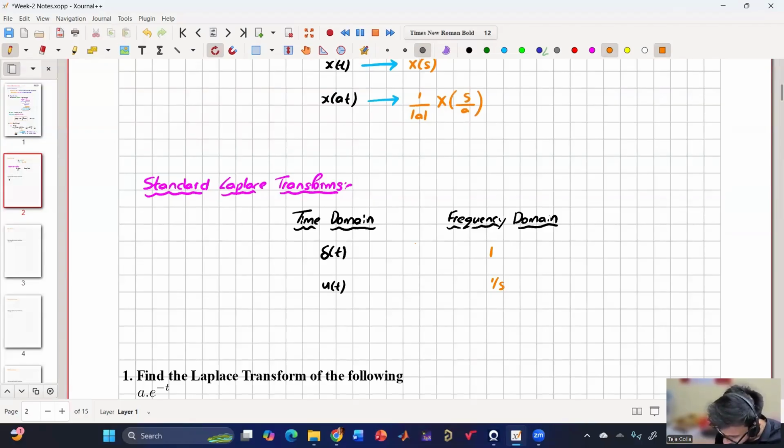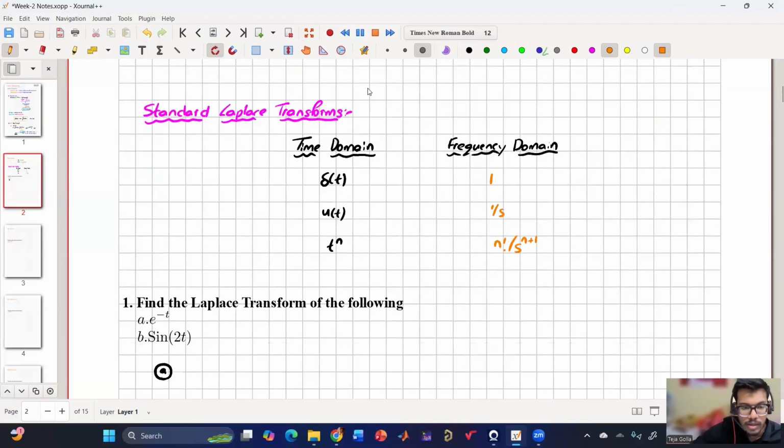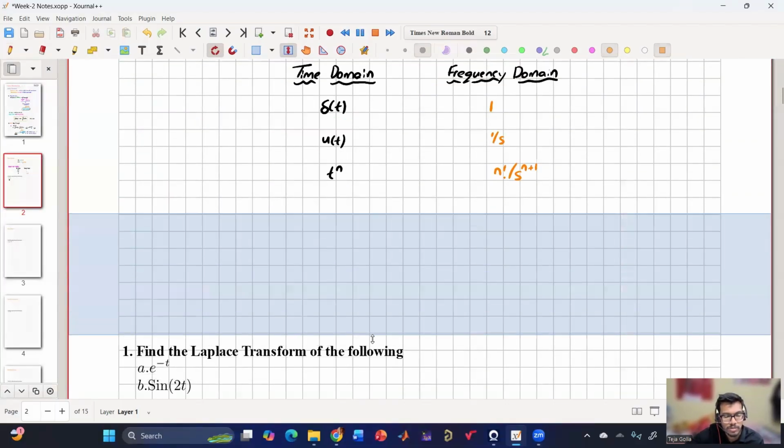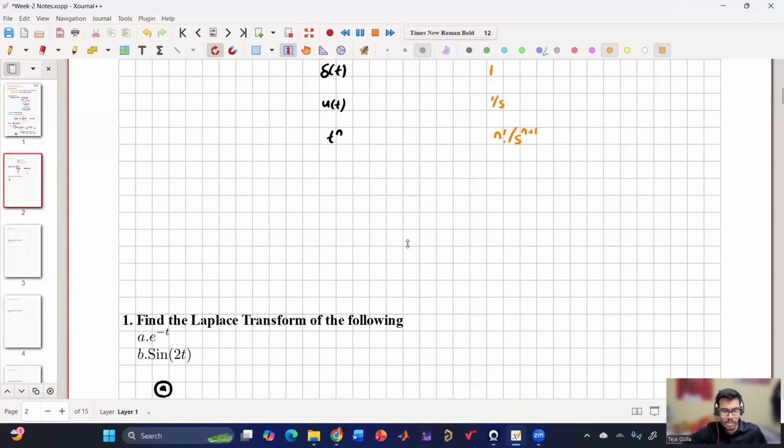Similarly, for t to the power n, we'll have n factorial by s to the power n plus 1. These are some standards that we can remember so that they can be used directly in any problem. Similarly, for e to the power at, we have 1 by s minus a.